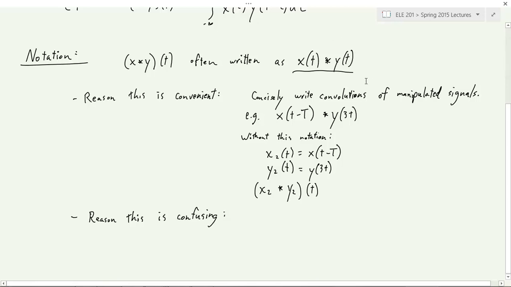This notation implies that for a particular t, you just look at x at time t and y at time t as the inputs to this convolution. That's not true at all. Convolution depends on the entire signal for each output time t.